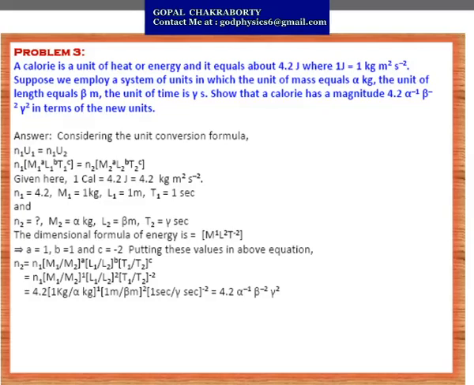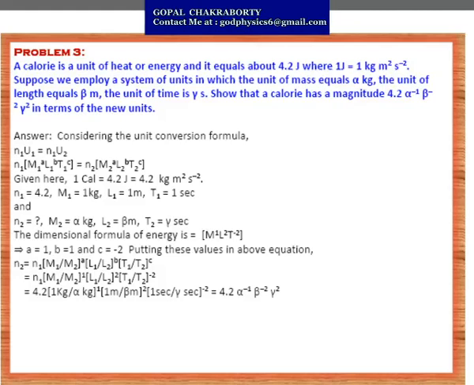That equals 4.2 into 1 kg per alpha kg whole to the power 1, 1 meter by beta meter whole to the power 2 and 1 second by gamma second whole to the power minus 2. So solving and rearranging, what we will get?